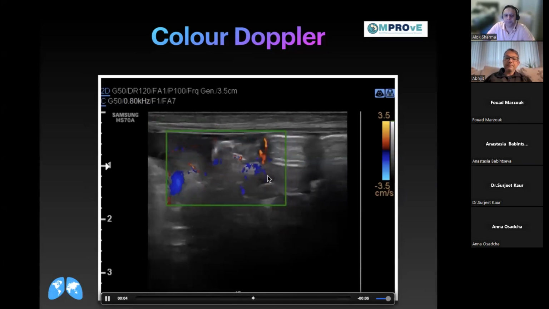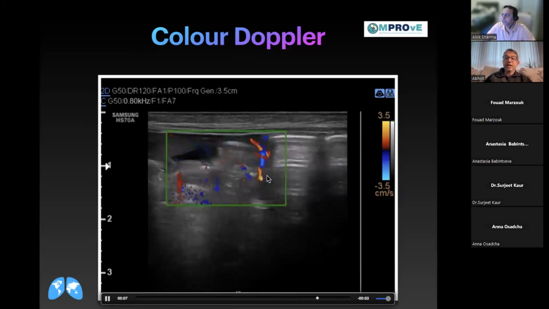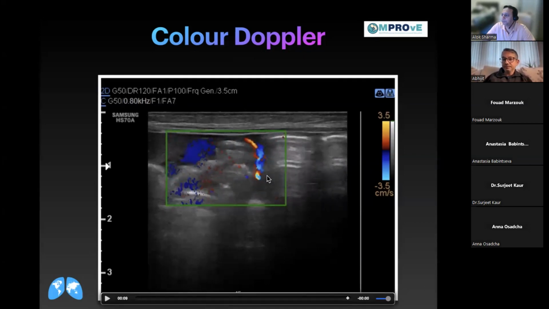Usually when you do a Doppler in a normal lung area, are you expecting to see any kind of blood vessel? Now, I know it's a Zoom meeting, but yeah, I'll give you the answer. You don't expect to see blood vessels in a normal lung on ultrasound. And why is that the case? Simply because you will be Dopplering an artifact. There is no real vessel there, because air is not a good conductor. It reflects back from the pleural line, so you don't get to see the lung, and you don't get to see any real blood vessel.